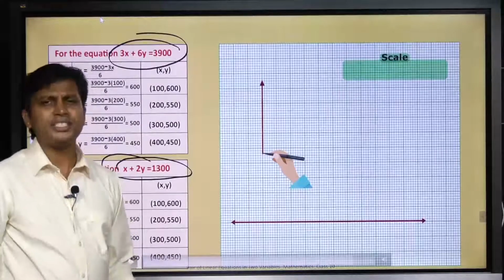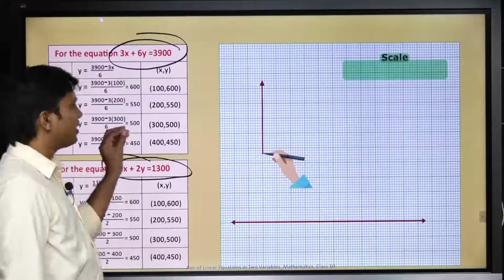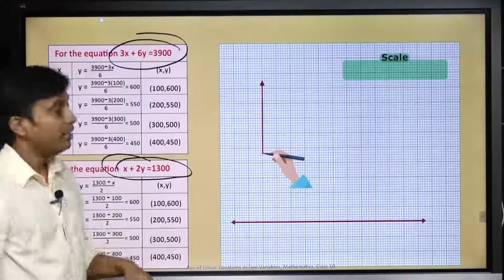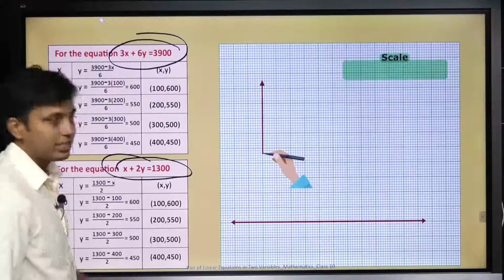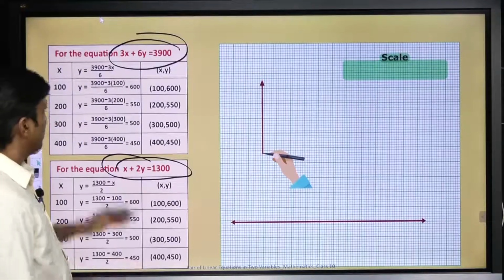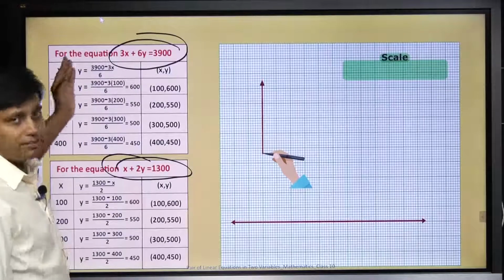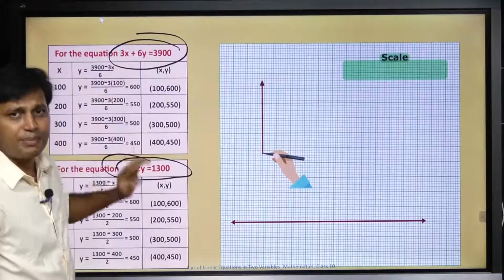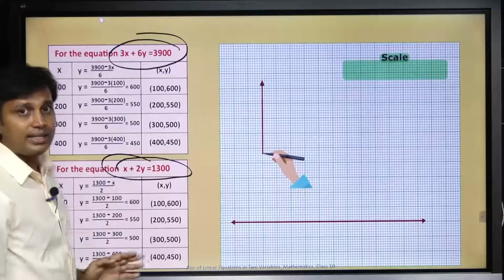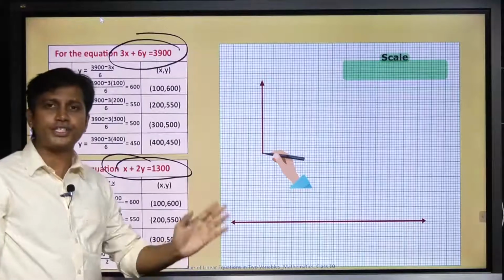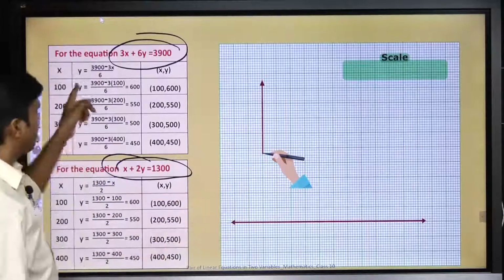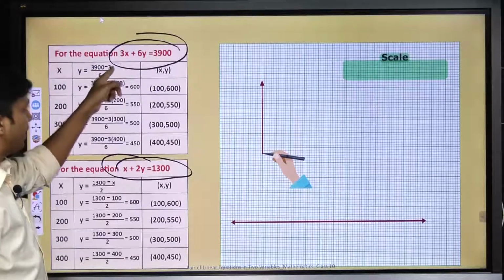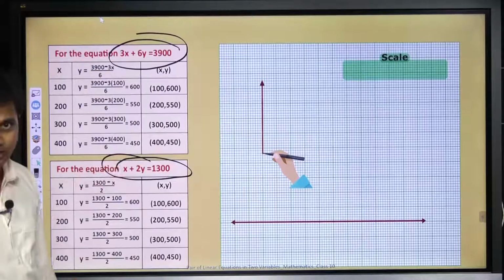In order to solve these lines graphically, meaning to draw the graphs of the lines, nothing else, what do you have to do? Here again we need to make y the subject in each of the equations. Making y the subject means keeping y on the LHS and transferring all the remaining variables and coefficients to the other side of the equation. We got y = (3900 - 3x)/6.